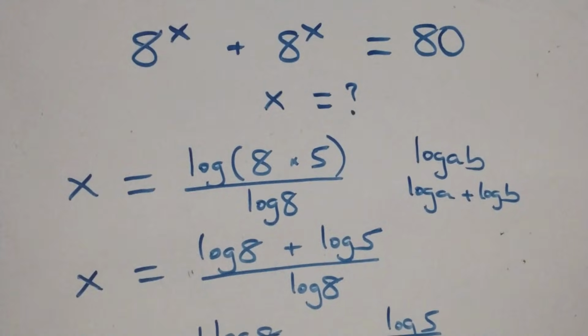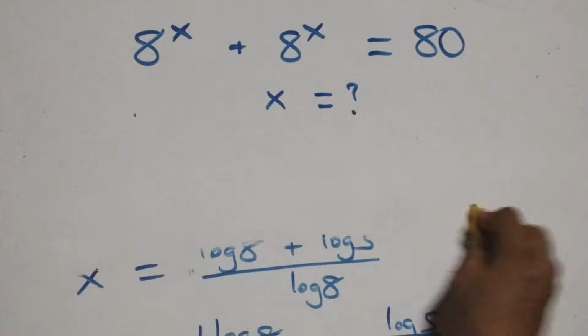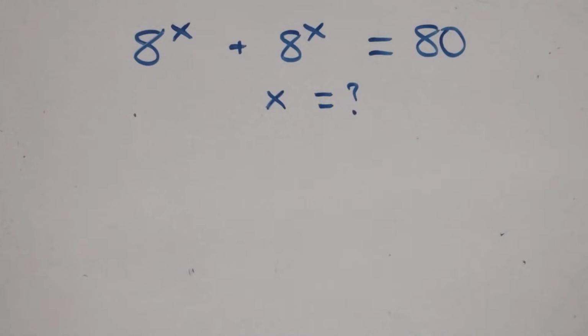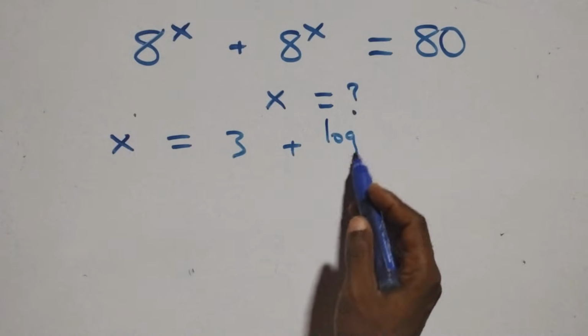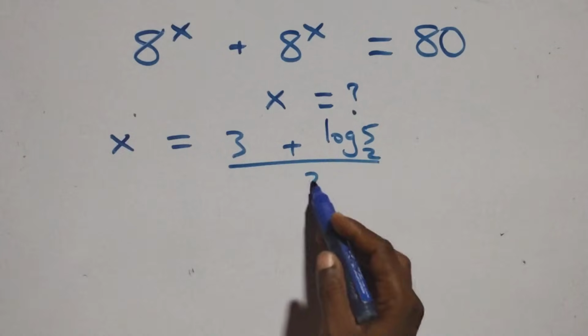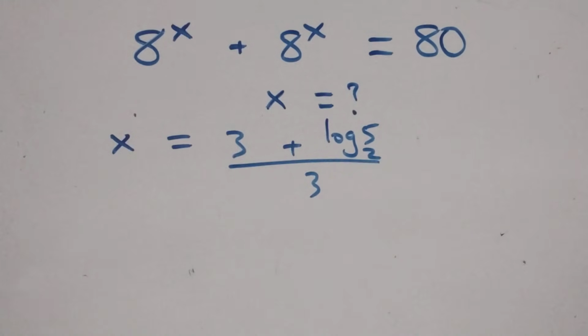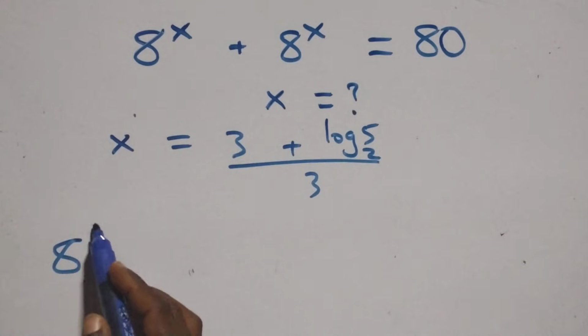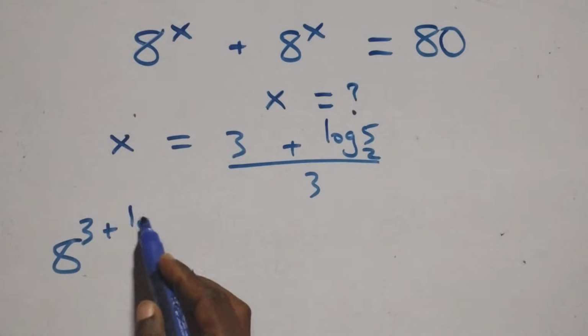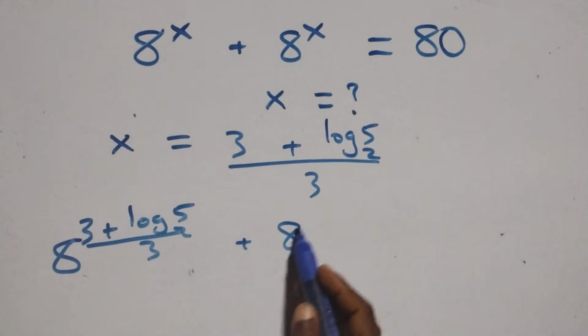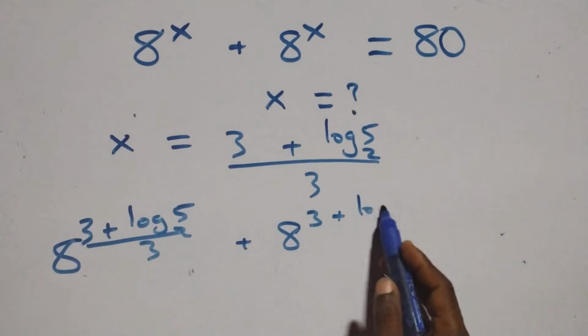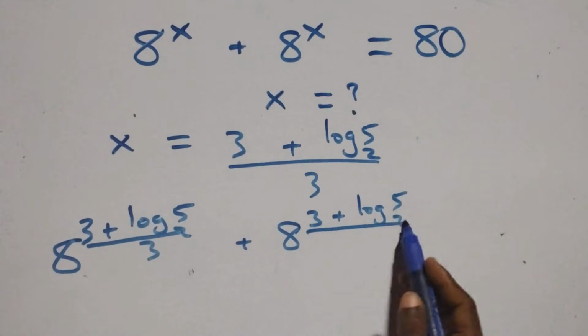We substitute the value of x, which is x equals 3 plus log 5 base 2 all over 3. Then what we have becomes 8 raised to power (3 plus log 5 base 2) over 3 plus also 8 raised to power (3 plus log 5 base 2) over 3.